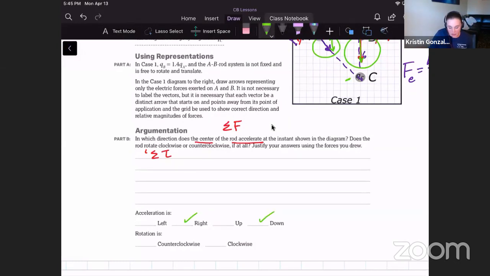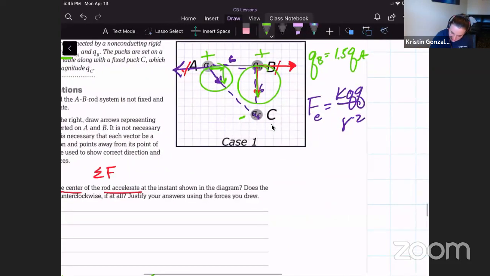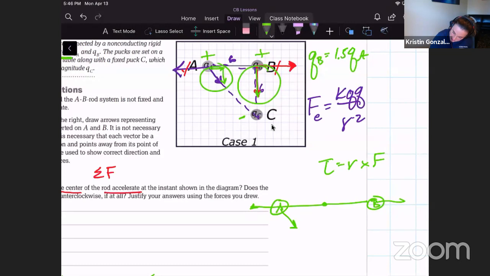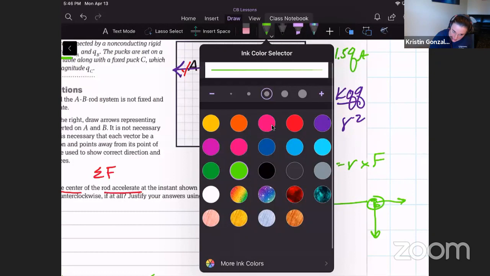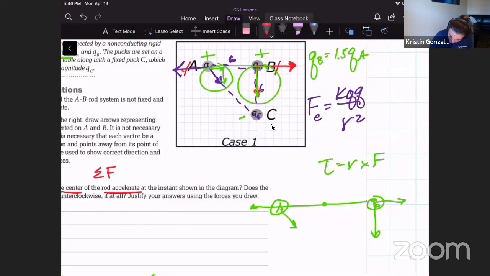Okay, now let's look at torque. If we look at the center of that rod, I'm just going to redraw it right here. We have to look at both where those forces are acting, but also the magnitude, right? Because remember, torque is R cross F. So if I look at the forces again, on the right-hand side we've got a torque R cross F. No torque here because that is acting through that pivot.